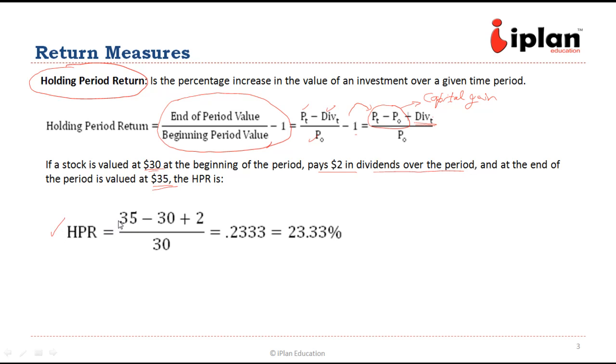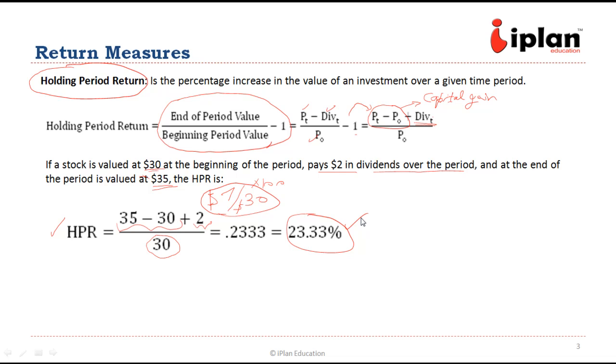This $5 is our capital gain, the appreciation in the value of stock. $2 is the dividend gain. 30 was the initial price. So overall we have gained $7. We had invested $30. So this percentage is our holding period return, which is 23.33%.